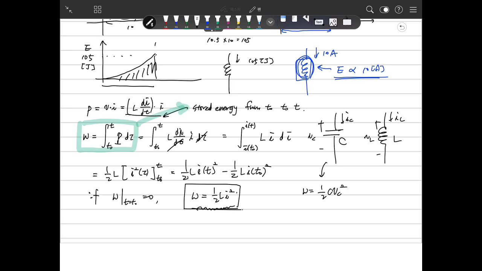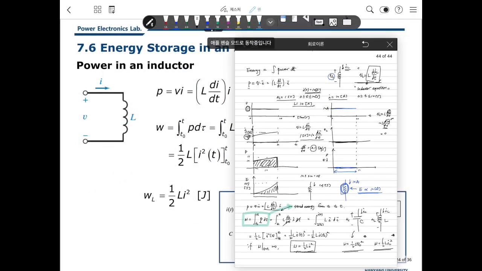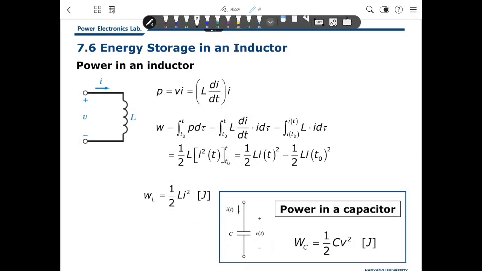But in the case of the inductor, the energy stored is half L i squared. So you need to be familiar with this equation. The unit of this is the joule.